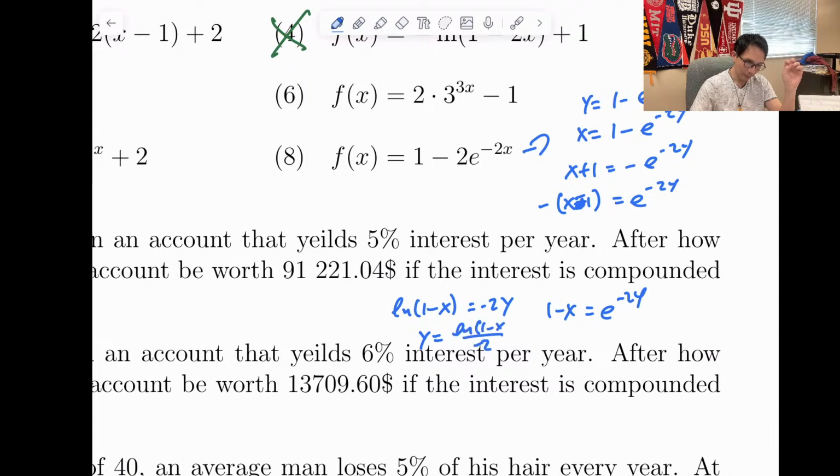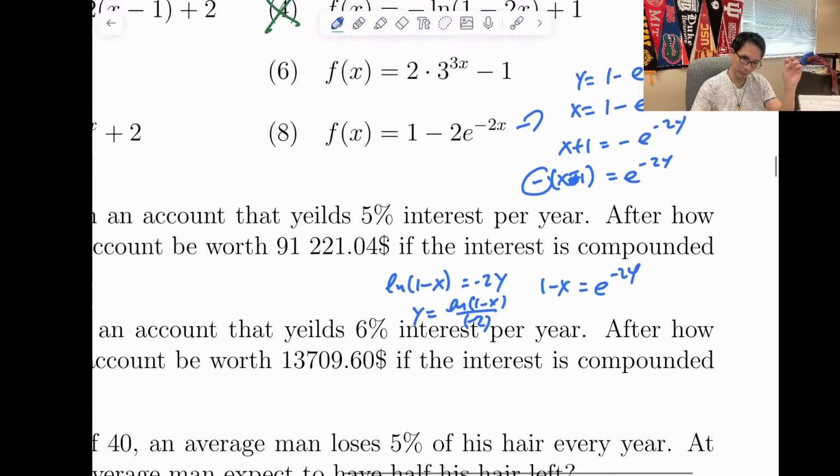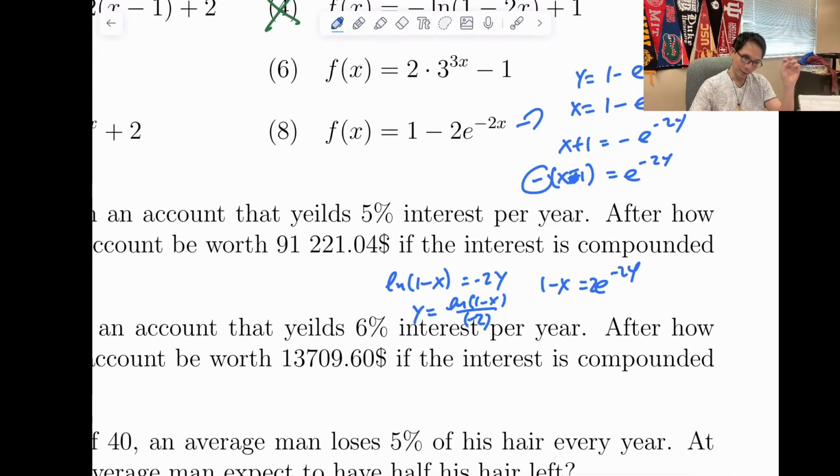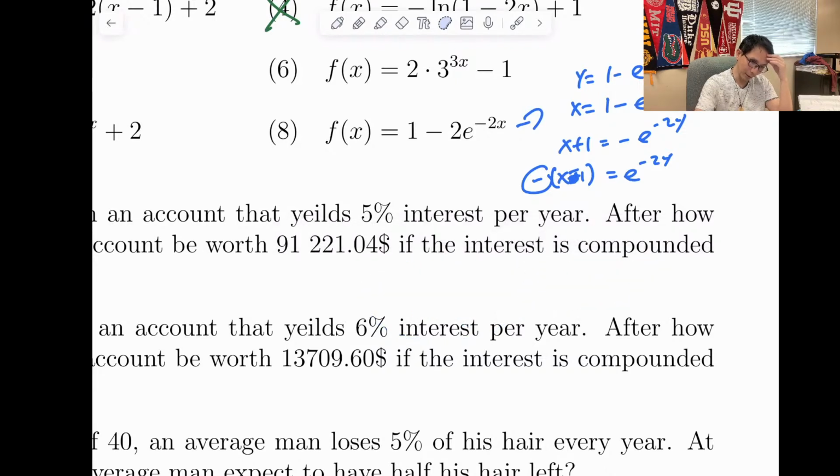What happened to the 2? I forgot a 2, so I had to divide by 2 first. Let me do that very fast. I'm sorry, I copied it down wrong.